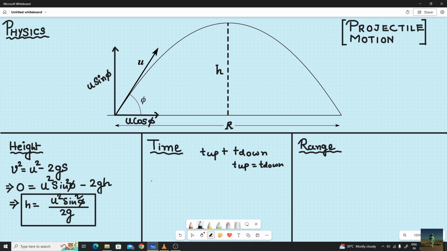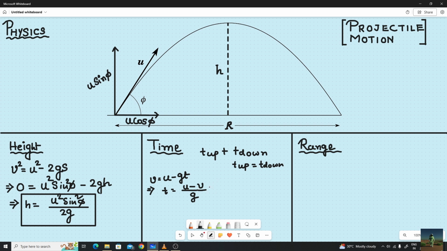Okay, now to get t up, we have to use the formula v equals u minus g t. That means t equals u minus v divided by g.